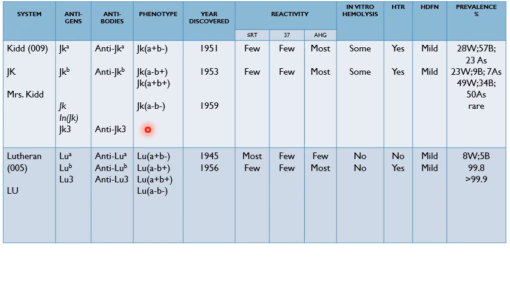Anti-JK3 is enhanced with enzymes. This antibody is associated with severe, immediate, and delayed HDR and mild HDFN. Autoantibodies of Kidd specificity are associated with autoimmune hemolytic anemia.